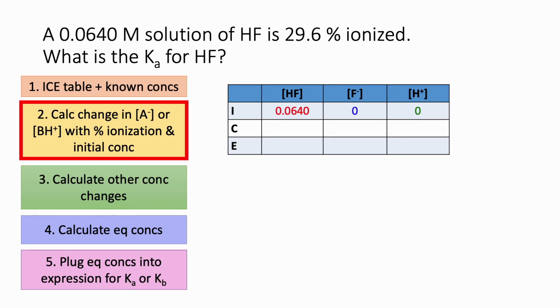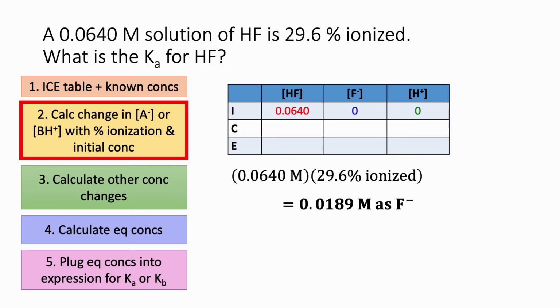So now we're going to calculate the change in F minus concentration using our percent ionization. Basically, we know that 29.6% of our initial concentration ends up in the ionized form, so we're going to multiply those, and we get that 0.0189 molar exists as the ionized form of our acid.